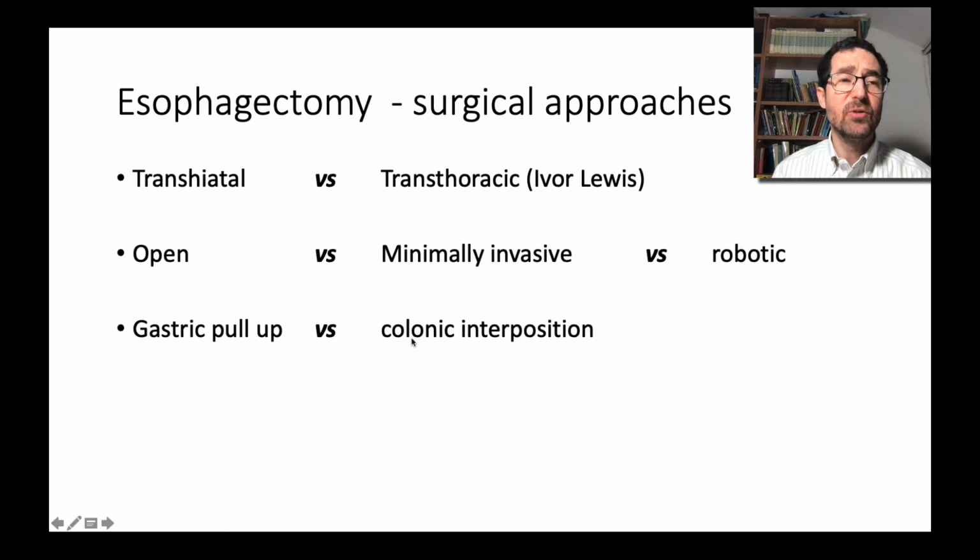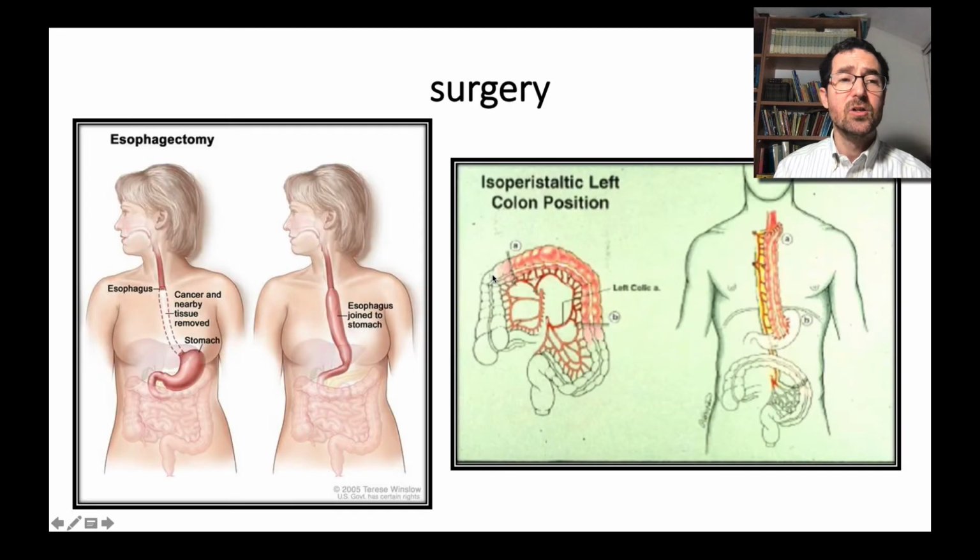Another important distinction regarding surgical approaches is whether a gastric pull-up is performed or colonic interposition. We're going to see that in the next slide. So, after you take the esophagus out, you can pull up the stomach, and that comes in place of the esophagus. That's not always possible, and so sometimes the surgeon has to create a kind of neo-esophagus, and he does that by cutting out a piece of bowel and then putting it in the thorax to make a new esophagus.